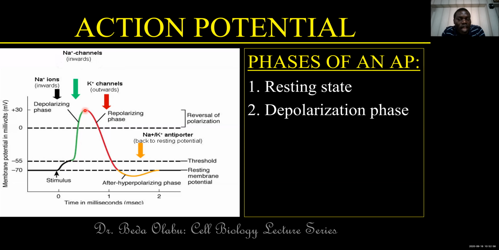You can also call it the upstroke. The stroke is going up: upstroke, or the depolarization phase. The depolarization phase of the action potential is due to massive sodium influx following opening of voltage-gated sodium channels.